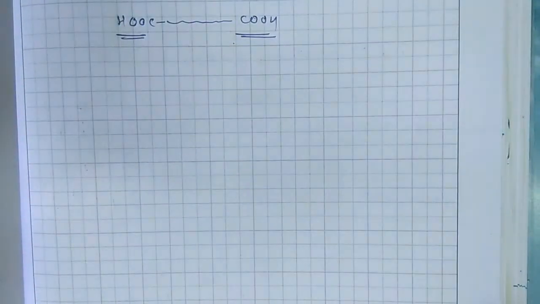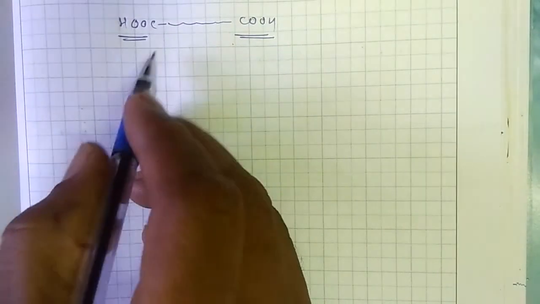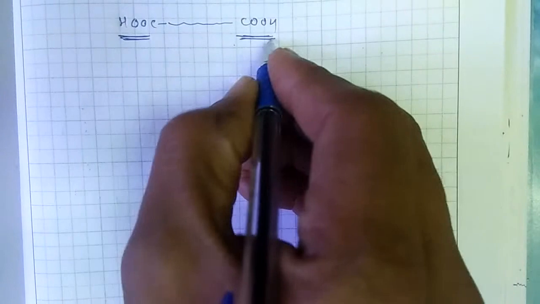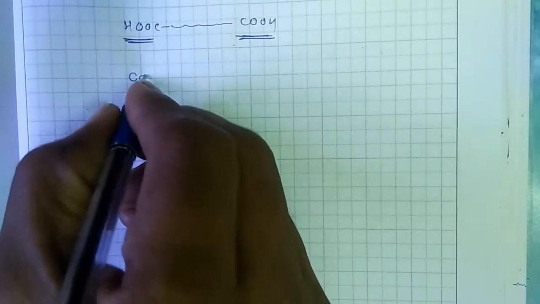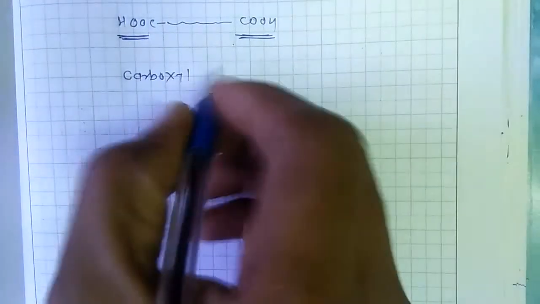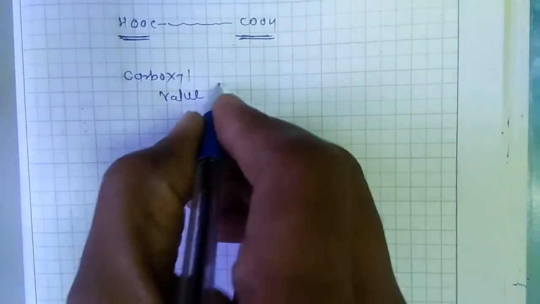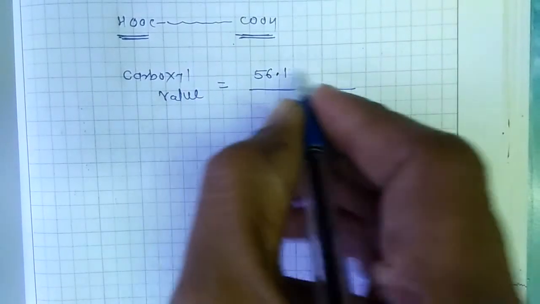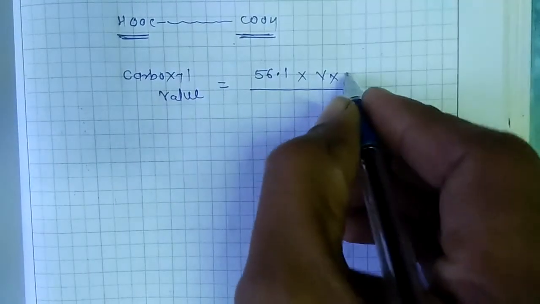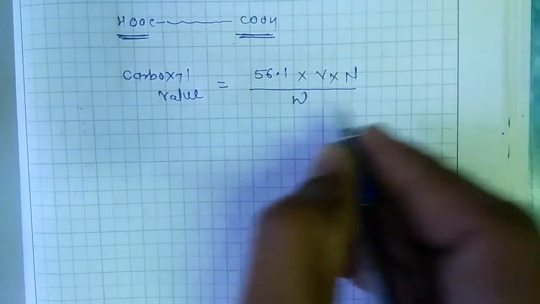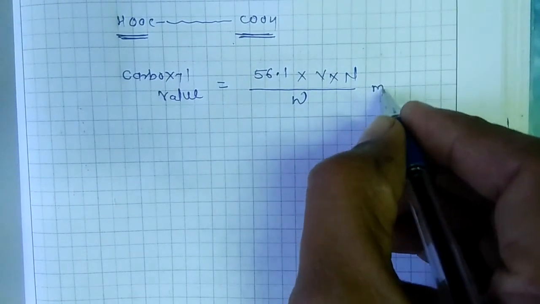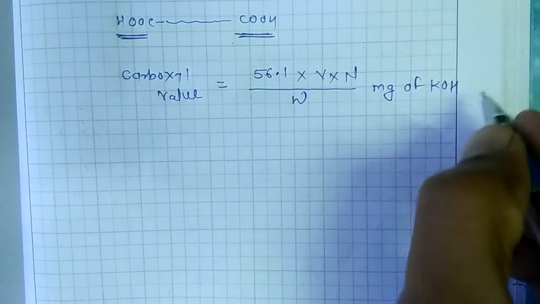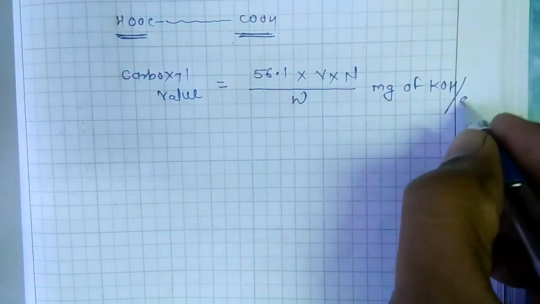So the functional group here is the acidic carboxylic group, that's why the carboxyl value is equal to 56.1 into V into N divided by W. It is expressed in terms of milligram of KOH per gram of sample.